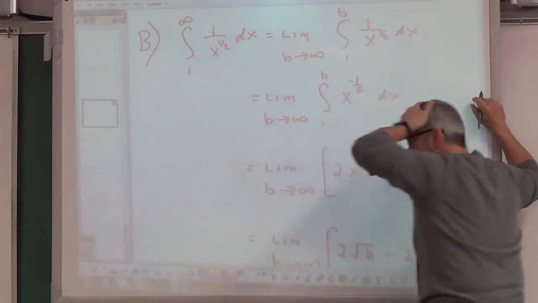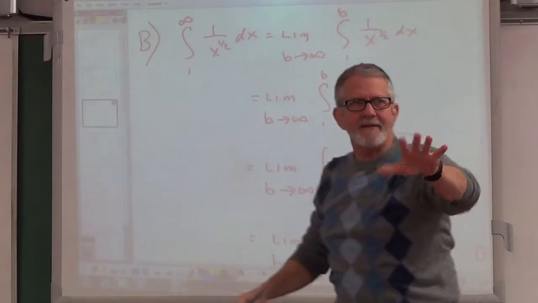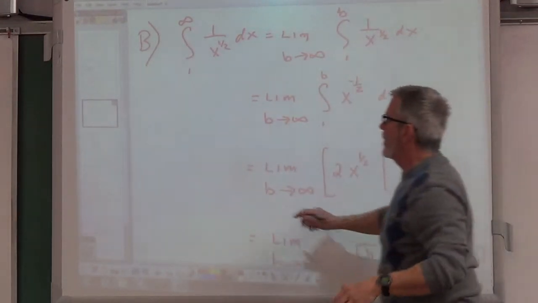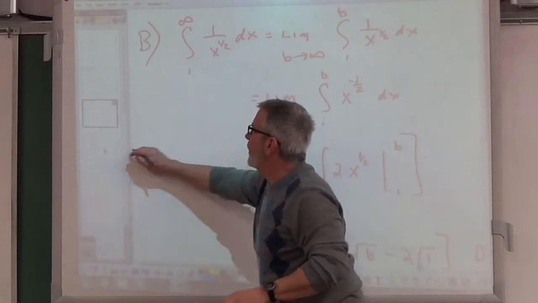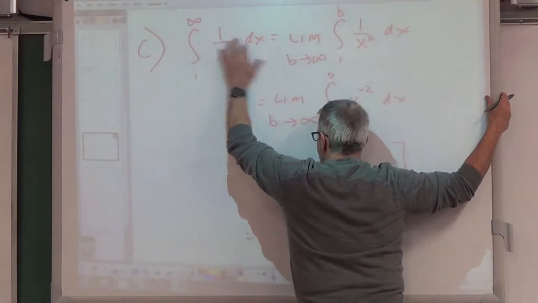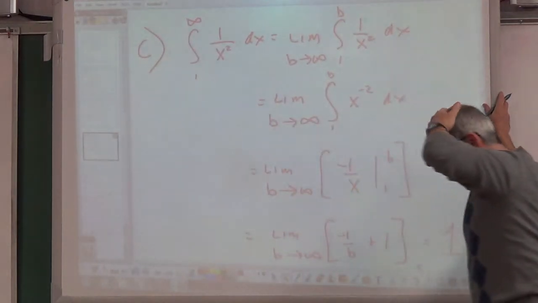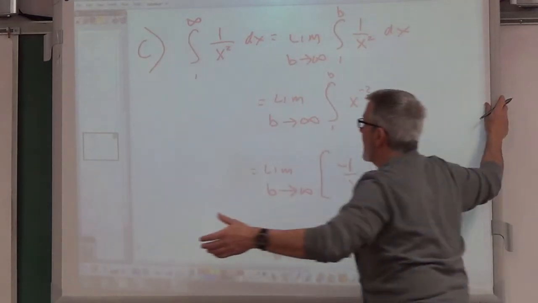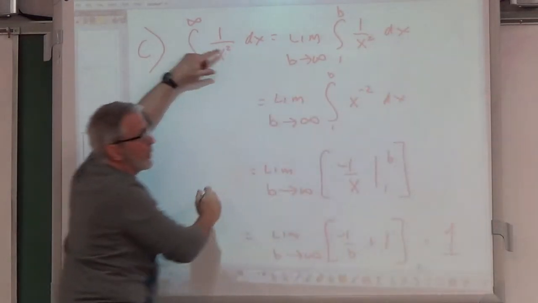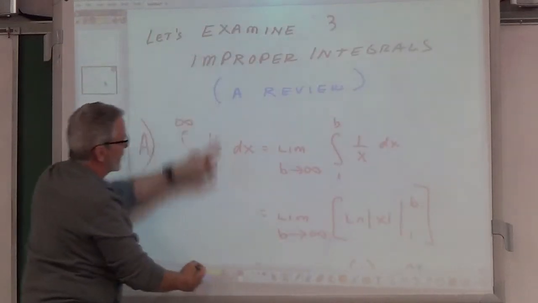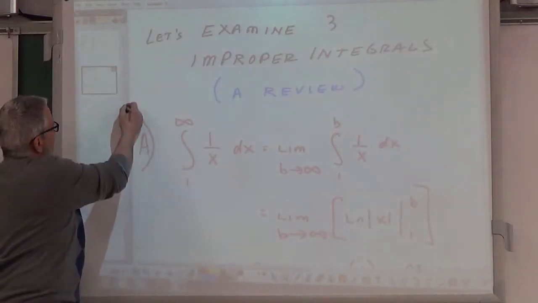I have 1 over x to the 1/2, and 1/2 is less than 1. What about this function right here, 1 over x squared? And 2 is greater than 1. So I have an exponent greater than 1, an exponent less than 1, and an exponent of 1 here. That brings us back down here.